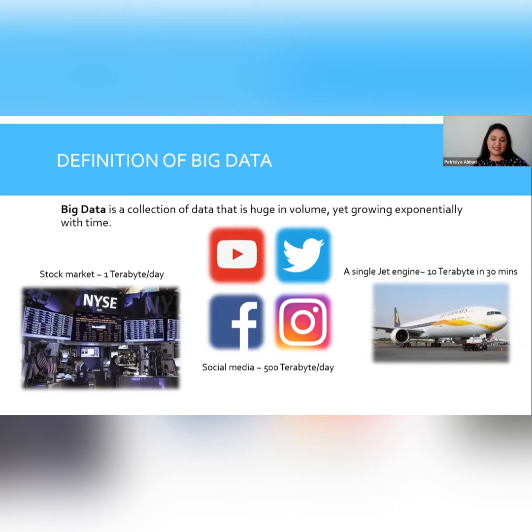And the statistics show that Facebook alone generates 500 terabytes of new data daily. Talking about jet engines, a single jet engine can generate more than 10 terabytes of data in only 30 minutes of flight time. And now imagine how much data it is when we're talking about thousands of flights every day.